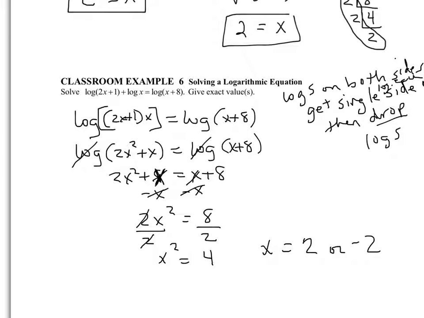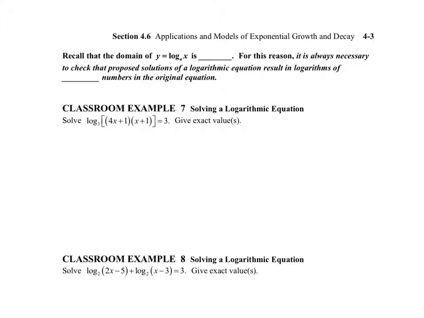And if I were to plug in negative 2 into either of these three logarithms, what I'm going to see is that gives me negative values after the logs. I cannot use the negative 2. I can only use the positive 2, which takes us to the next page, which gives us a reminder rule at the top. Recall that the domain of y equals log base a of x is not including 0.